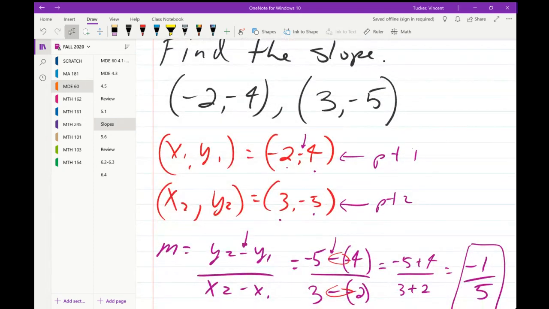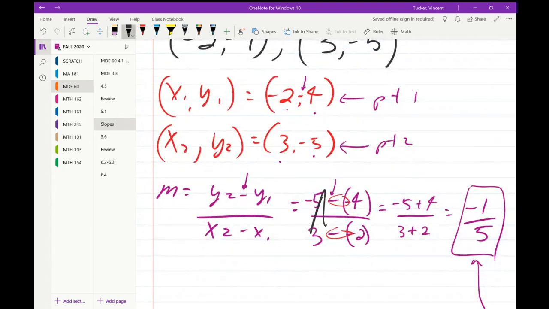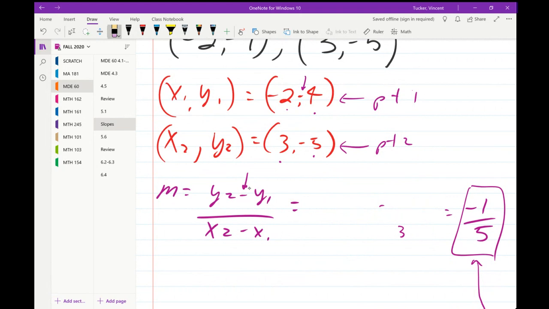So I'm going to do it both ways first to make sure we're okay, and to show you that either way you'll get the same result, but you only have to do it one way when you do it on your own. So the first way, y2 minus y1 over x2 minus x1.